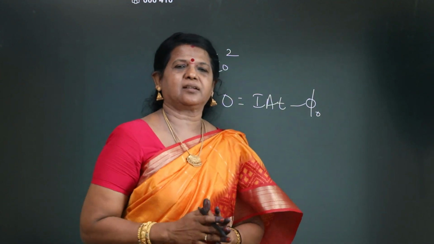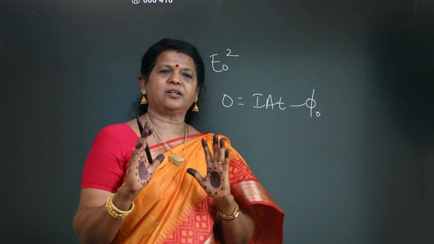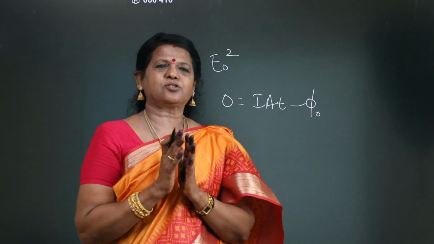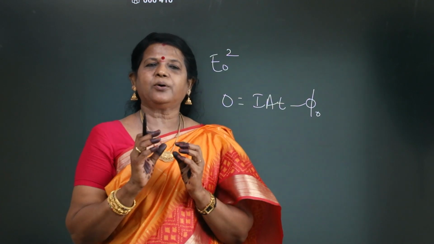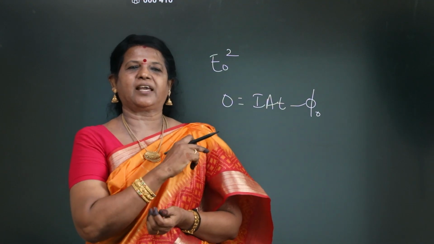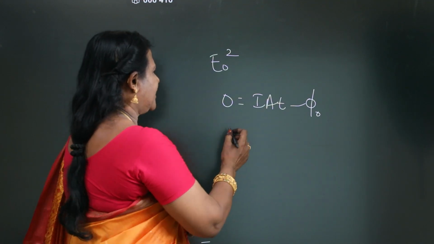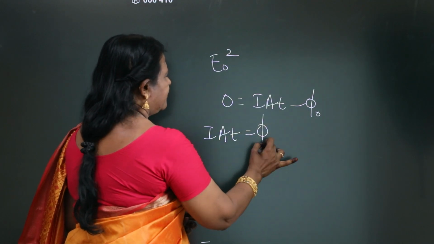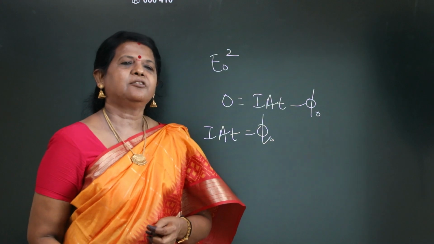That is the stopping condition, where there is no more electron emission. The electrons emitted have zero kinetic energy. So 0 is equal to IAt minus phi naught, and from this equation, IAt is equal to phi naught.